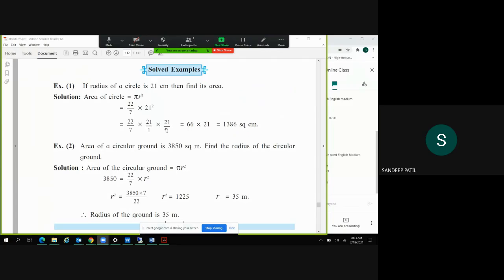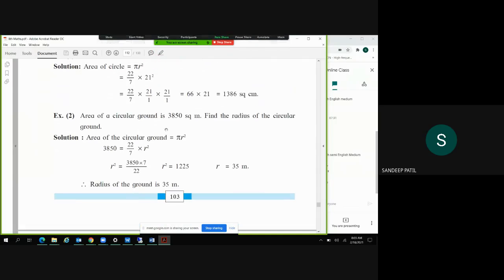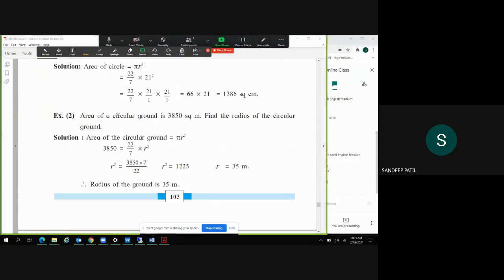Okay. So similarly, in this formula, the area of a circular ground is 385 square meter, right? Find the radius of the circular ground. So here they have given the area, and they are asking to calculate the radius of the circle.